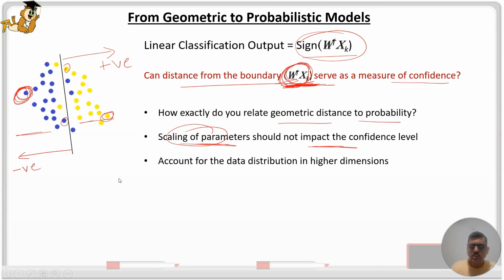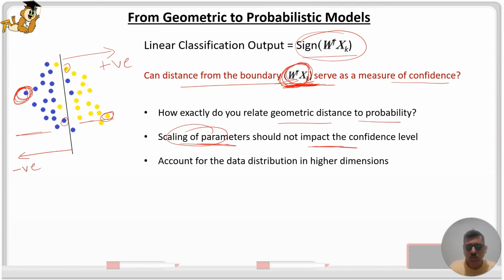Account for data distribution in higher dimension. Now this is a slightly tricky point. When you go on to higher dimensions, we have alluded to this before, when you go to higher and higher dimensions, the distances sort of increase, right? Now imagine a scenario where in certain dimensions your distance from the separator was not high, and let us say in just 1 or 2 dimensions it was very high.